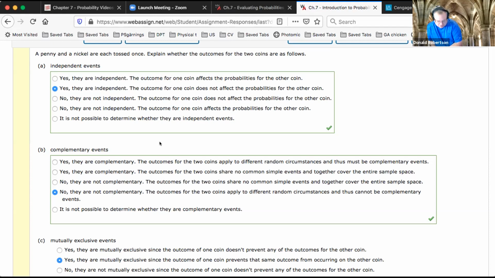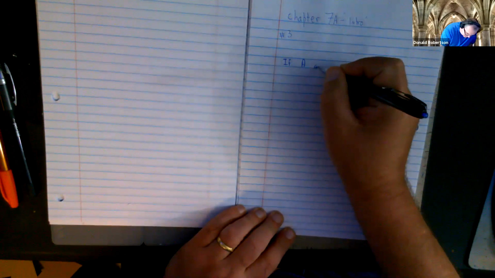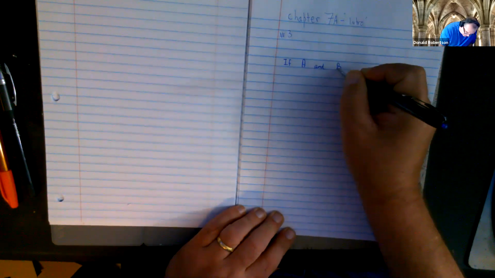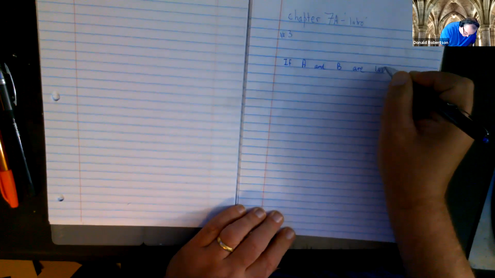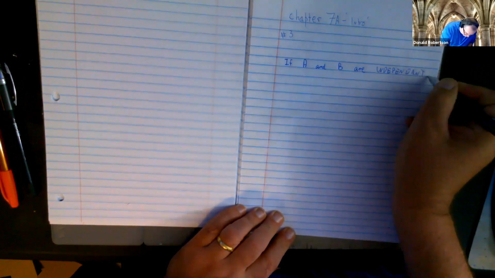There are a number of different numerical tests that we can use to show independence. So I'm going to go back out for a minute and show you what those would look like. So for instance, if event A and event B are independent, then the following is going to be true.